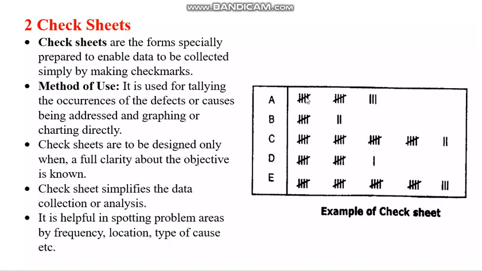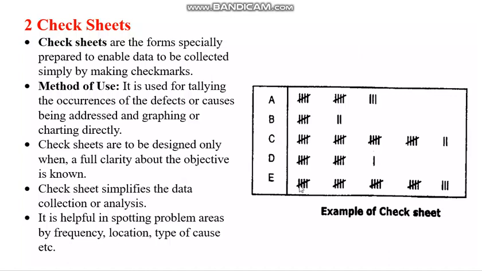You can count them. If it is 4, you draw 4 parallel lines like this, and the fifth one you cut across. So if you take this unit, it is a 5, this is 10, this is 13, this is 7, like that it goes. Check sheets are to be designed only when full clarity about the objective is known. They simplify data collection and analysis, and they are helpful in spotting problem areas by frequency.